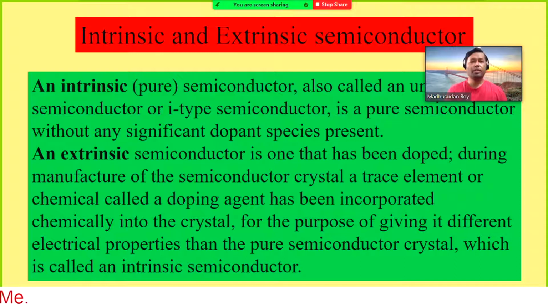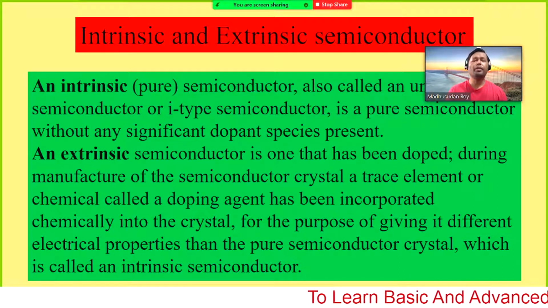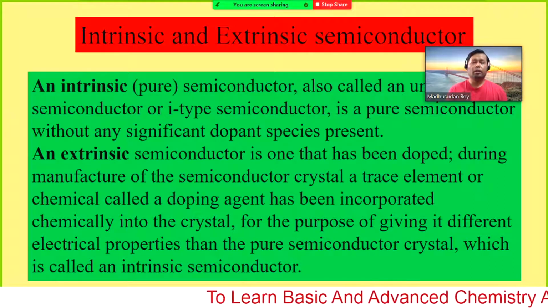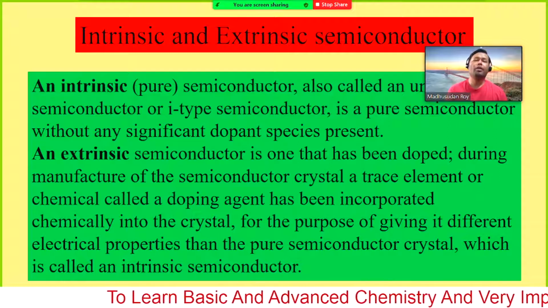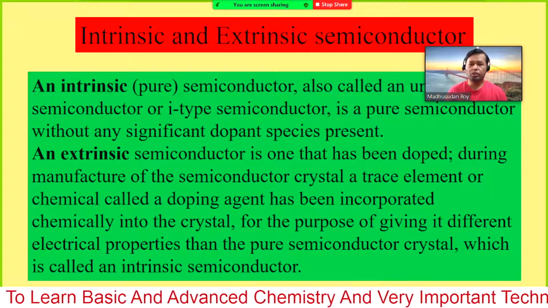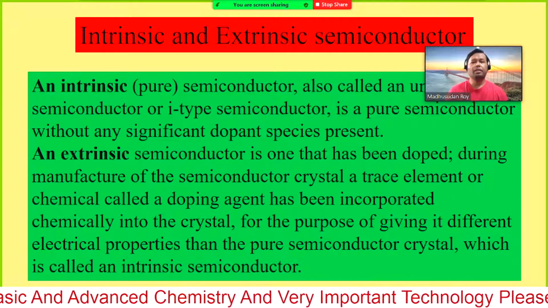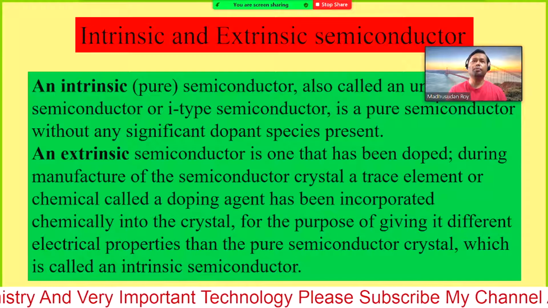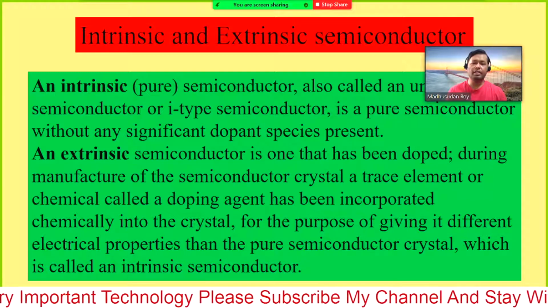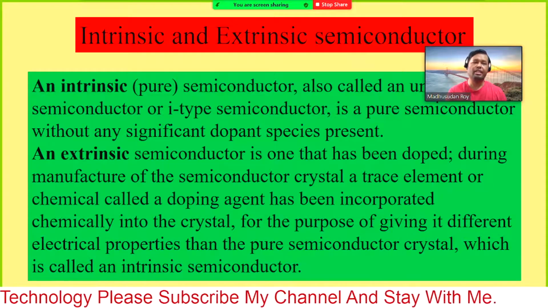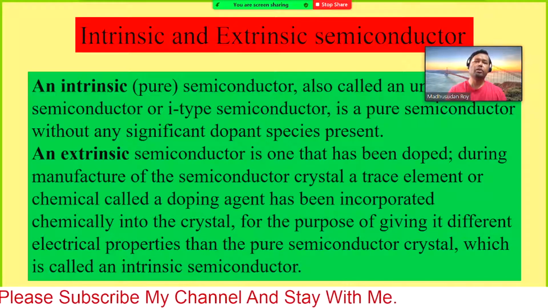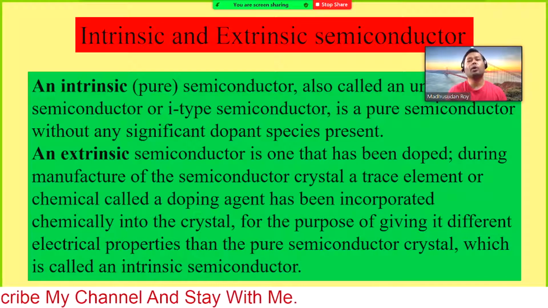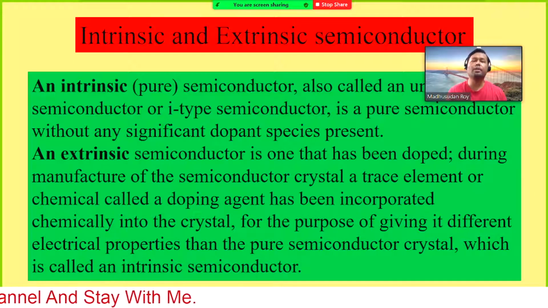Actually, the pure semiconductor has very poor conductivity. However, if we add some dopant depending on our interest, most of the time we add either an atom having 3 valence electrons or an atom having 5 valence electrons. That means 1 electron less or 1 electron more compared to the pure semiconductor.